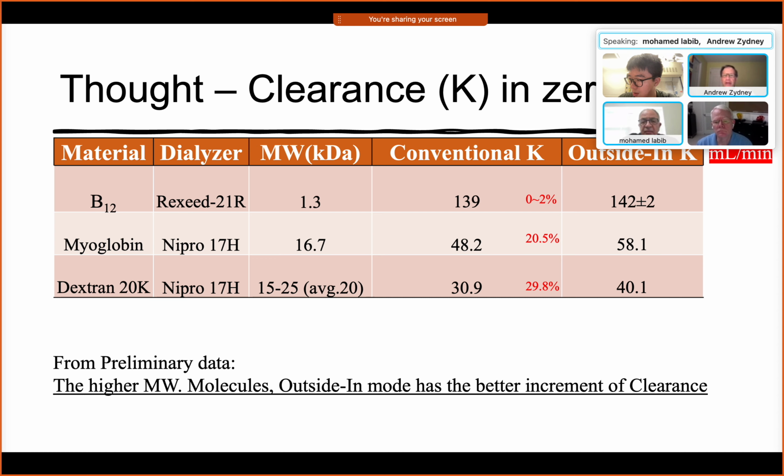And so when you're flowing in the outside in direction, the myoglobin gets into the membrane very easily. And it actually polarizes inside of the porous structure of the membrane. So you'll build up a somewhat higher concentration of myoglobin inside the porous structure, which creates a large concentration gradient across the skin to drive diffusion in that direction.